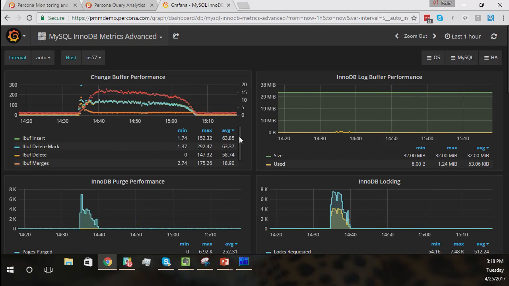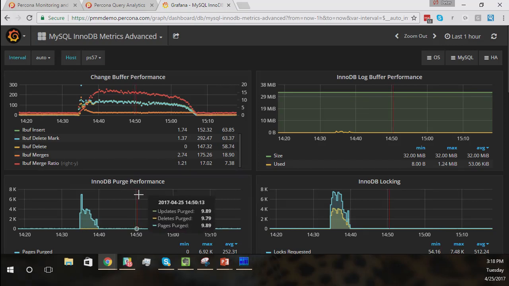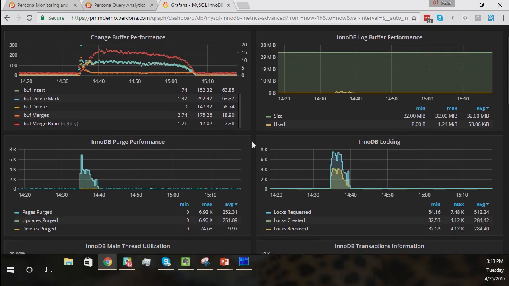So in this case, I can understand how many inserts and how many merges are going into my change buffer. I can also understand the insert buffer merge ratio, to understand if my insert buffer is actually helping me, or maybe I should disable that because I just waste time.